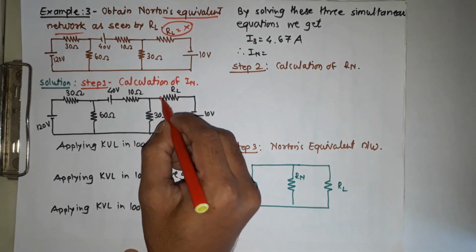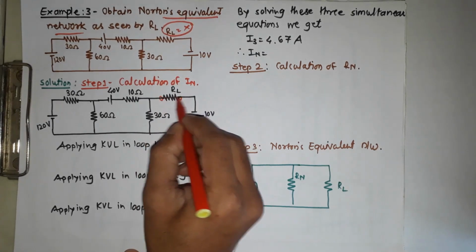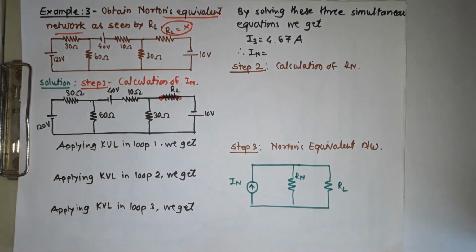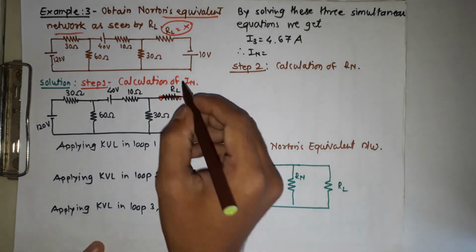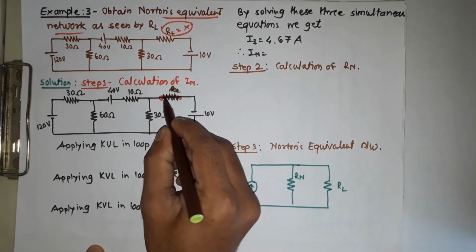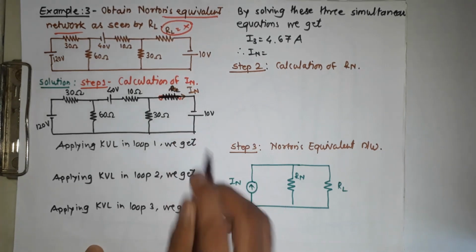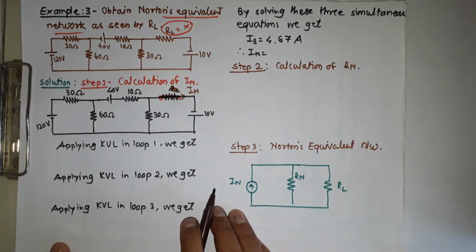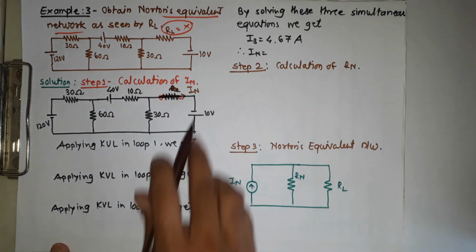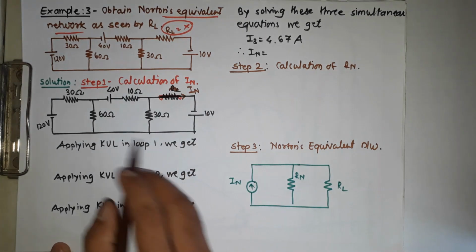We are just removing this load resistance and short circuiting the terminal. There is no need to draw the RL here. Through this link we are finding the Norton current. For finding IN, we have to apply the mesh analysis.